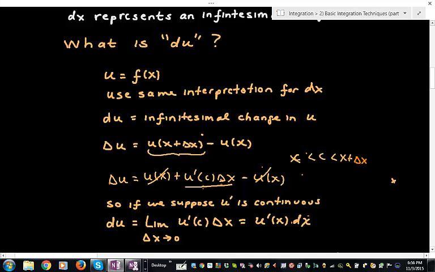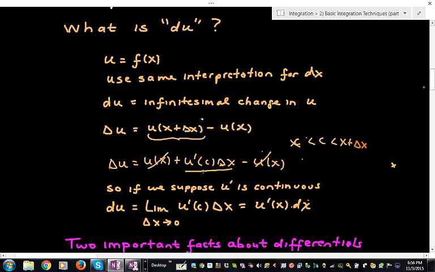And if we suppose that the derivative of u is continuous, then as I make delta x smaller and smaller and smaller, the change in u should get smaller and smaller and smaller also, right? So this kind of makes sense. Of course, we know that as capital delta x goes to 0, we get dx here.